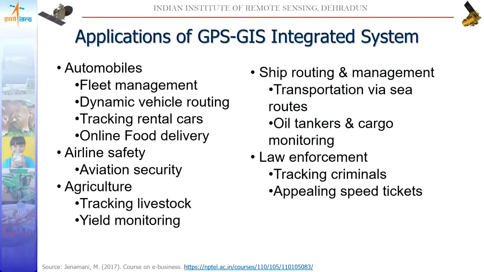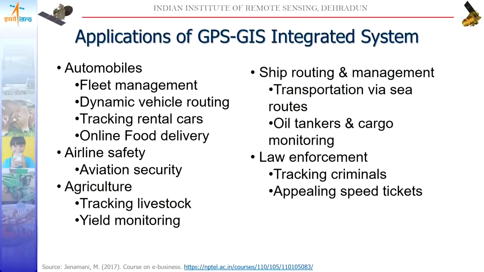There are online food delivery, tracking rental cars, airline safety, agriculture, tracking livestock, yield monitoring, ship routing and management, even transportation via sea routes, oil tankers, cargo monitoring, law enforcement, and whatnot. There are n number of applications which make use of integrated GPS GIS.